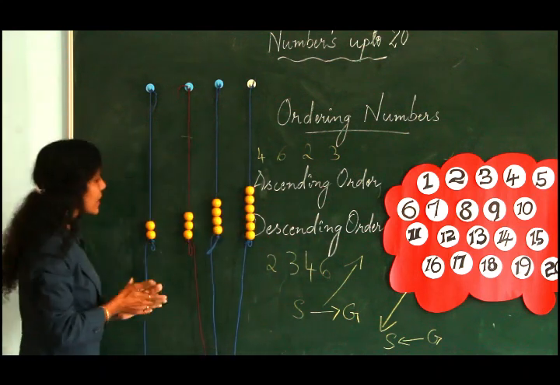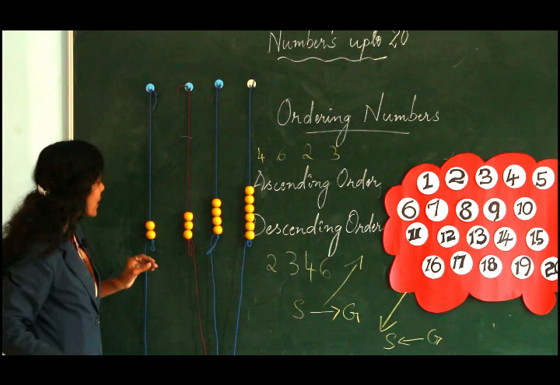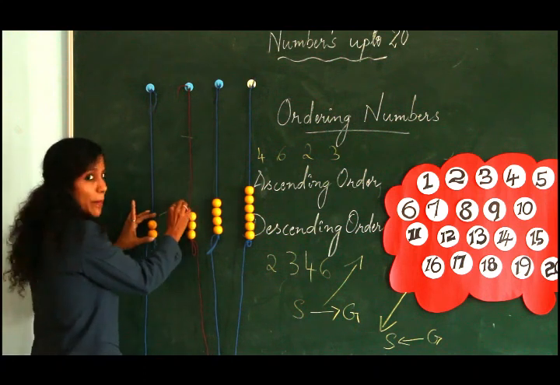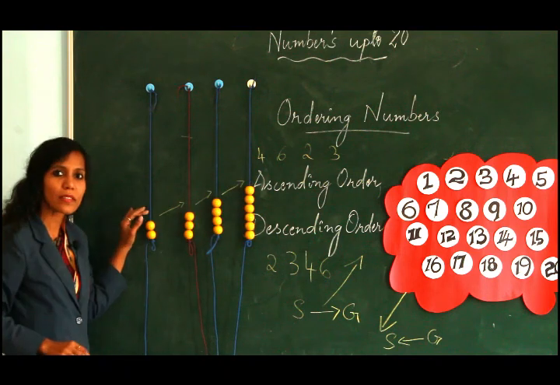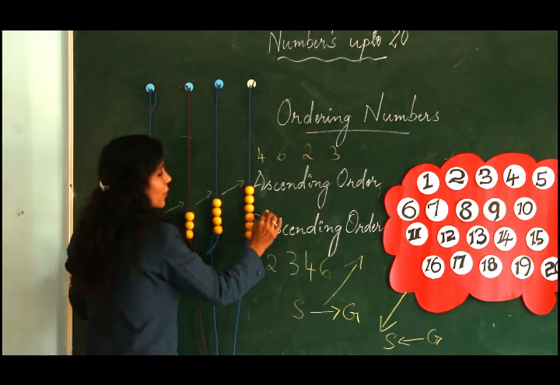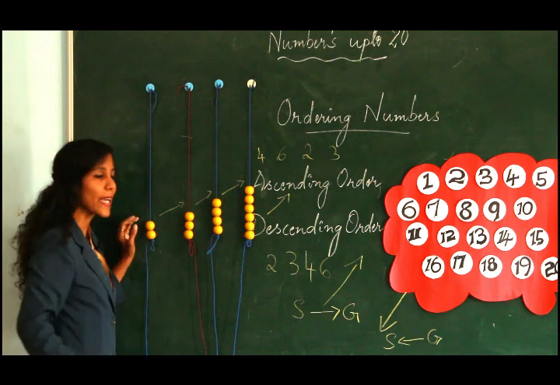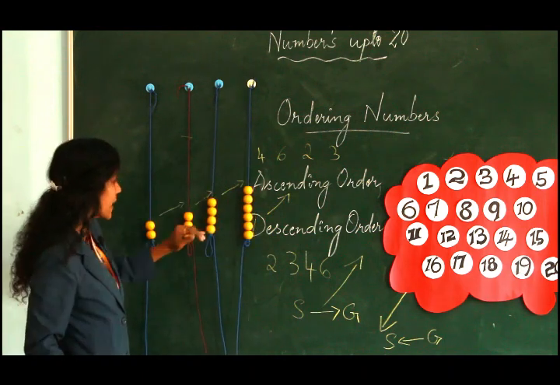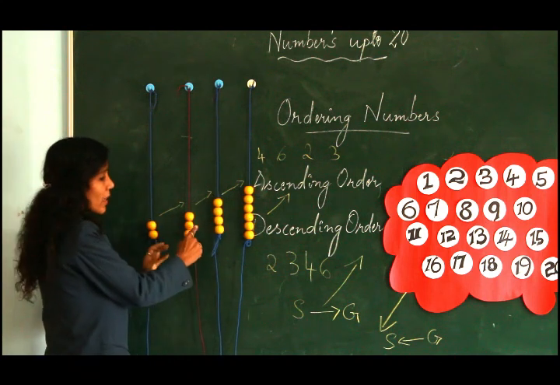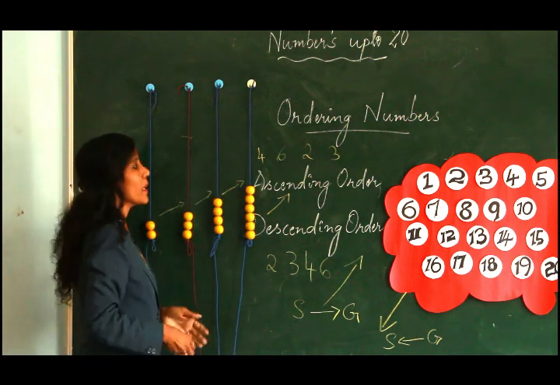And the last 6. Now if you see the order, we are going one step up, the next step up and the last one. So it's the same concept of ascending, climbing the hill from small to the greatest number.